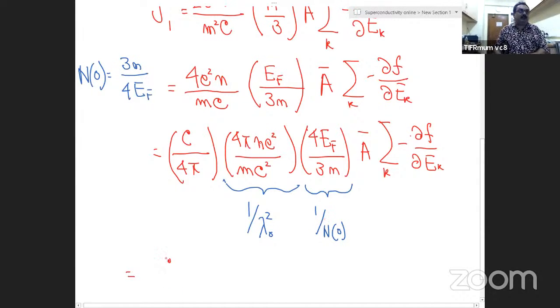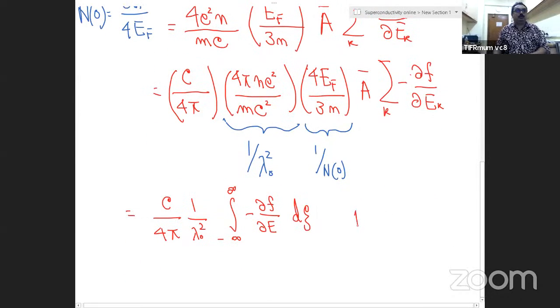So I will get C by 4 pi into 1 by lambda 0 square, and then the integral from minus infinity to infinity of minus del F del E, summed over d xi.